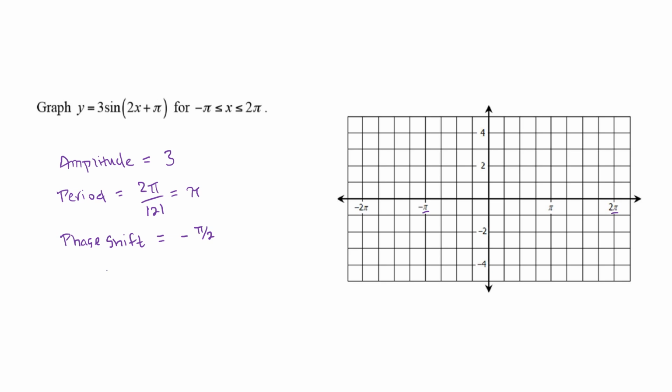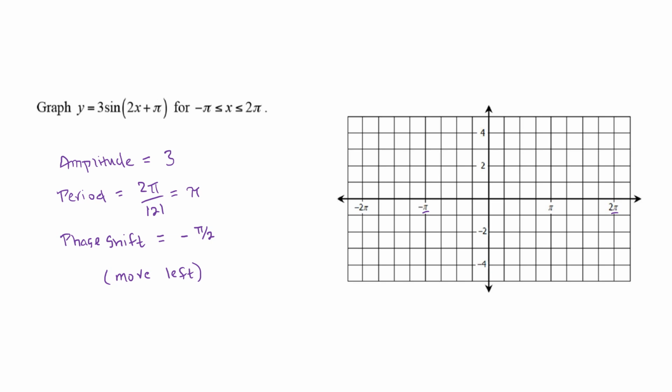All right, so this will move to the left by pi over 2. Okay, and we want to graph between negative pi and 2 pi.